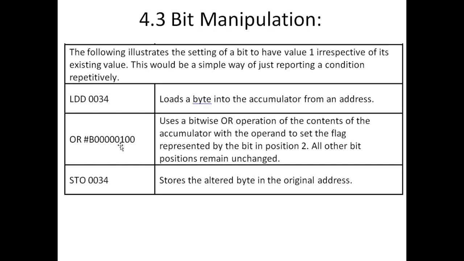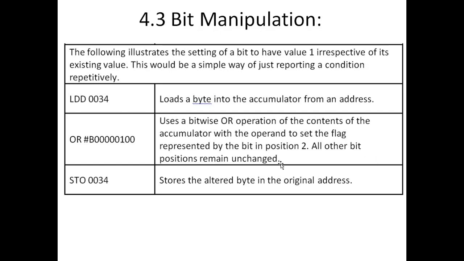Lastly, we have the OR operation. When we perform the bitwise OR operation on the contents of the accumulator and this operand, that means we would set the value at position 2, the third bit, to 1.